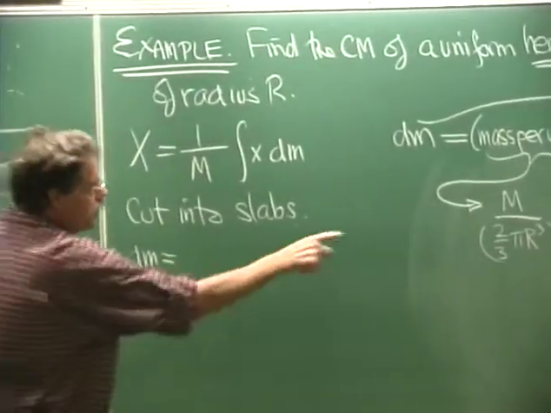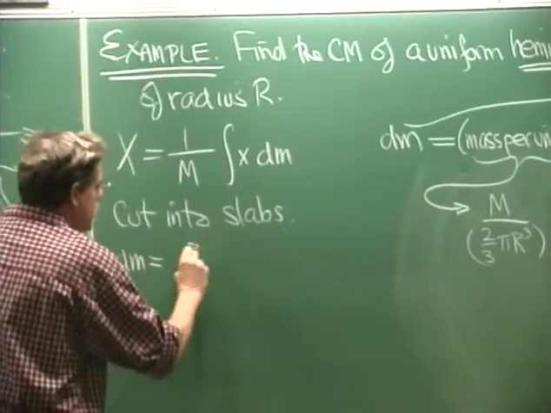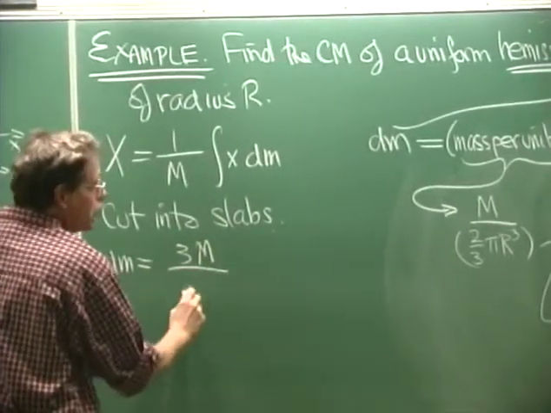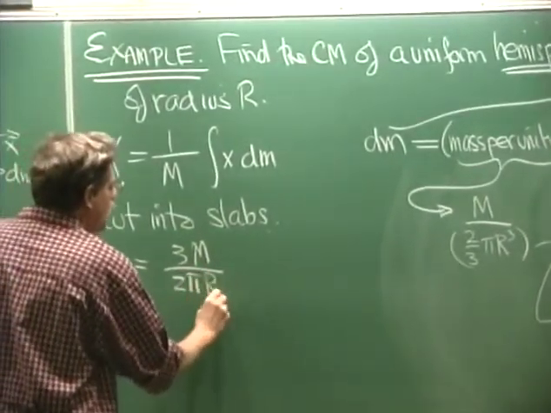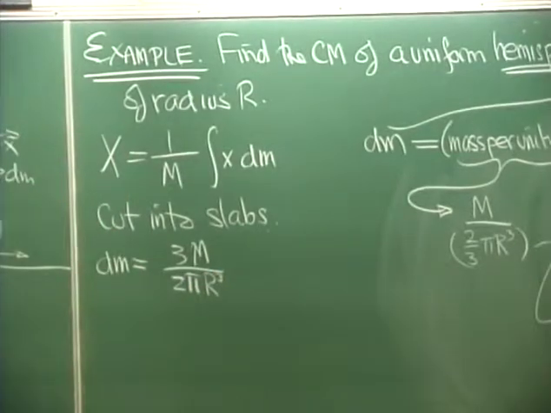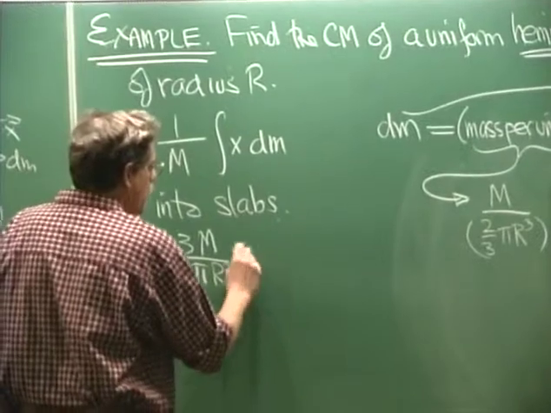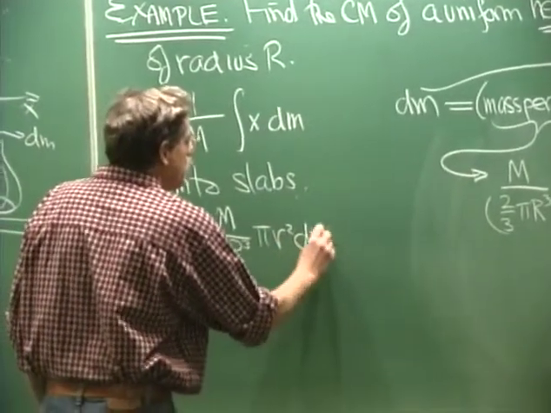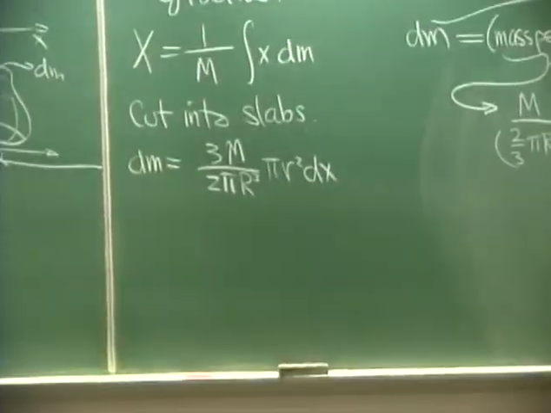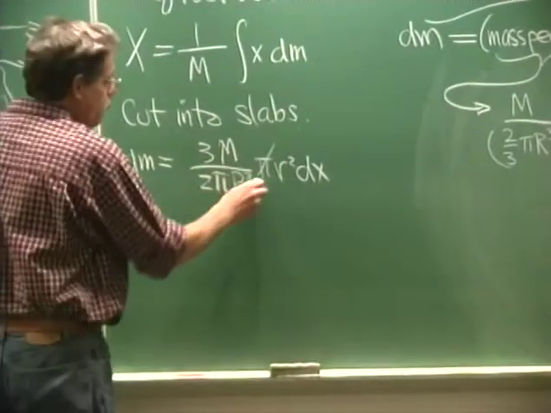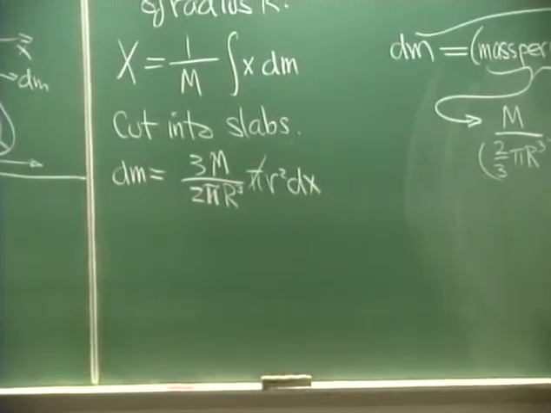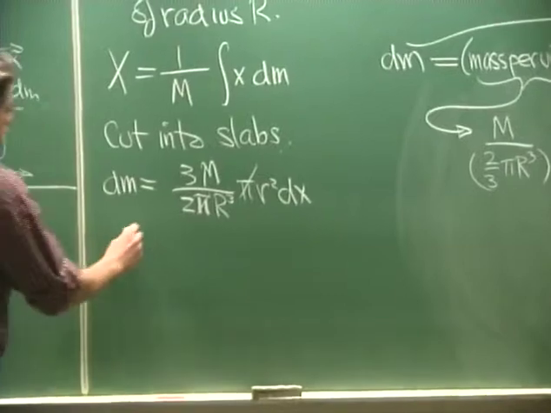Mass per unit volume, I'll bring the 3 up on top, 3m over 2 pi r cubed. That's the mass per unit volume times the volume of this little slab, which is pi r squared dx. So far so good? I cancel the pi's here, and now I'm ready to stick this into my integral.